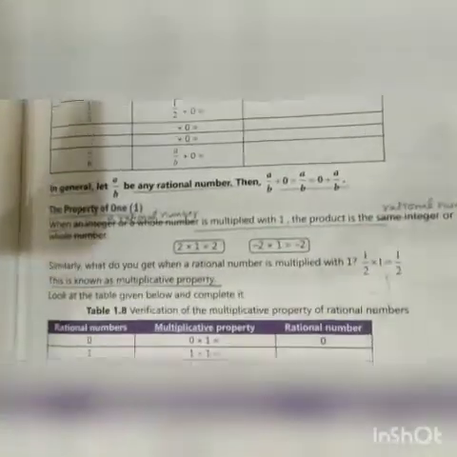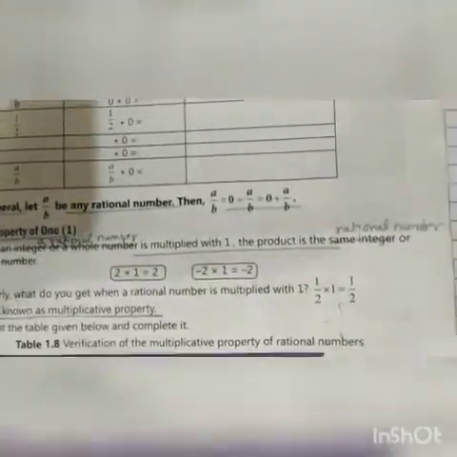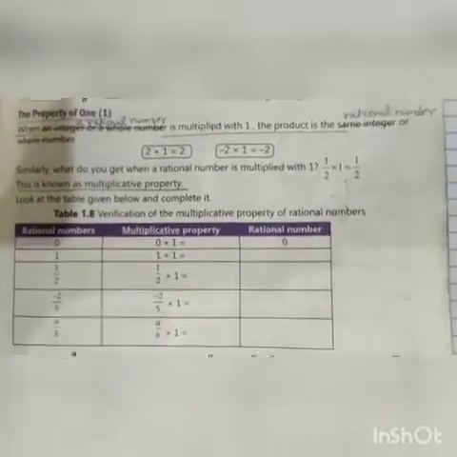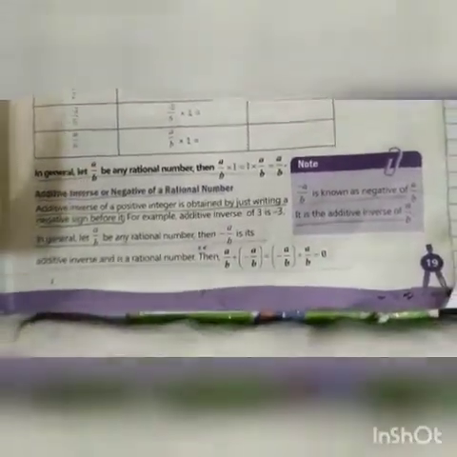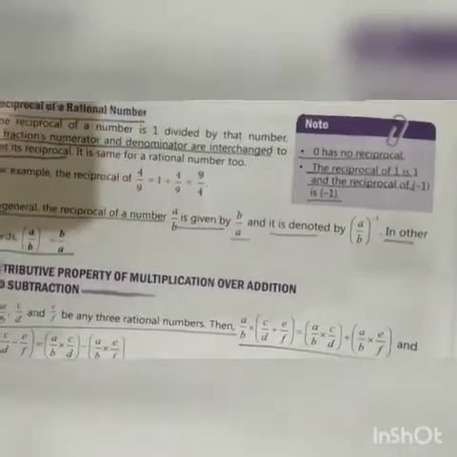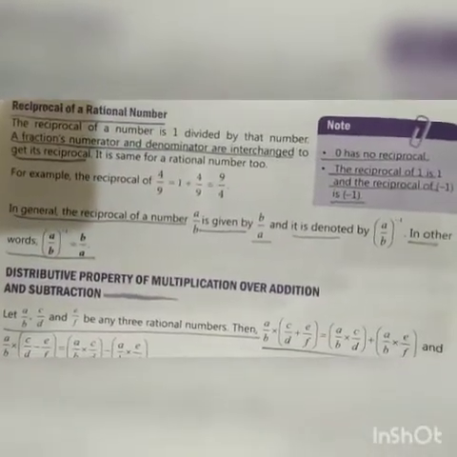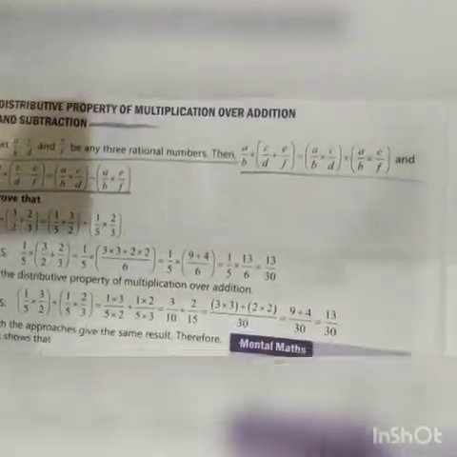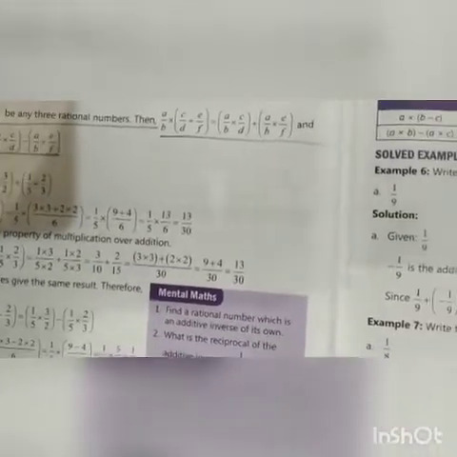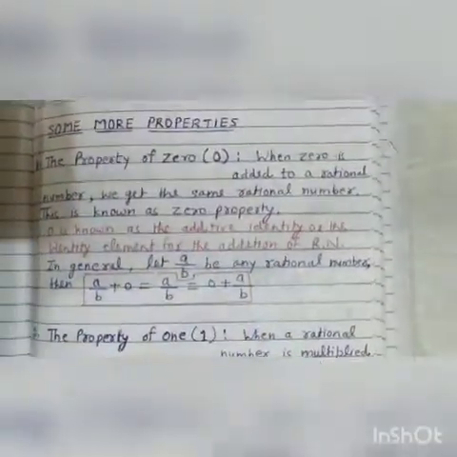I think all of you are able to see the underlined lines. Although I have prepared notes for these properties, so I will explain these properties from my notes. Let us start.